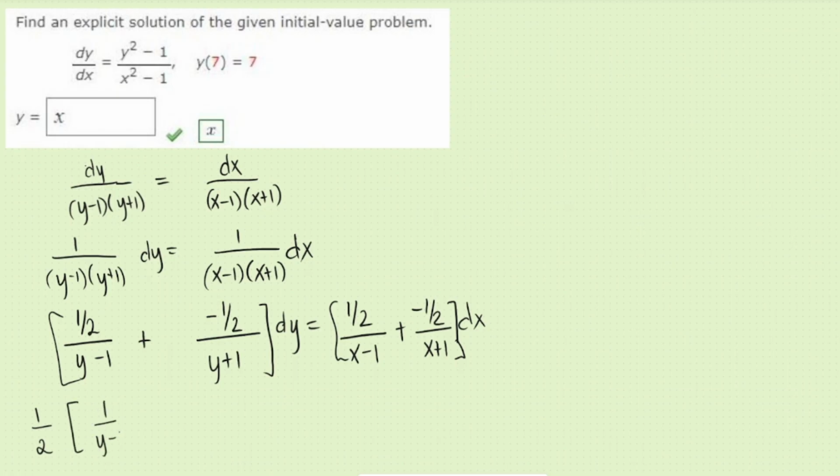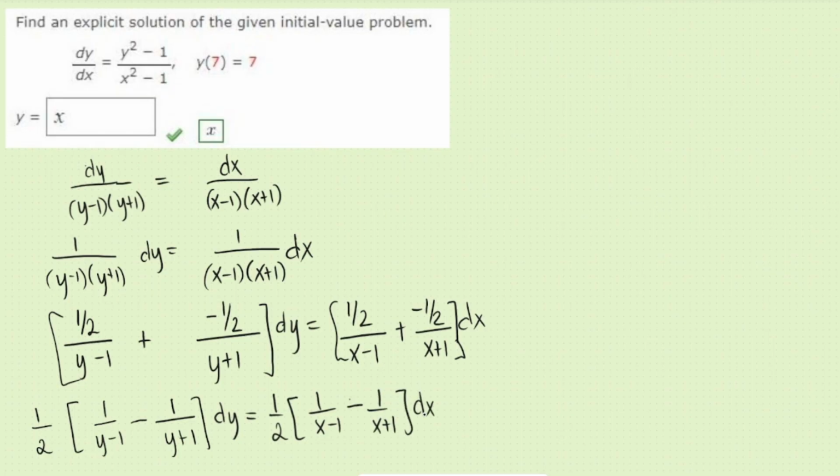We just factored out the 1/2, and this one now here is negative. Moving this out and factoring this out, the whole expression 1/2 would be left with 1 over y minus 1 minus 1 over y plus 1 dy. Same thing with here. 1/2 1 over x minus 1 minus 1 over x plus 1 dx.